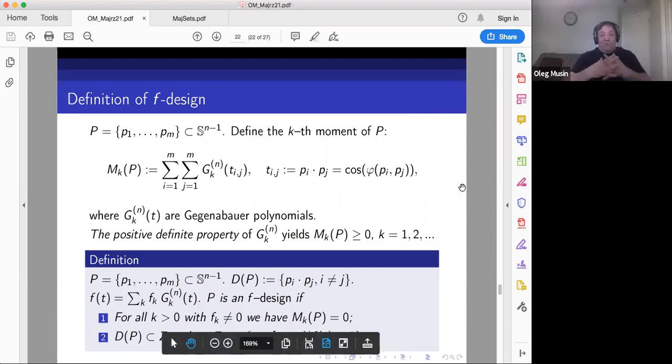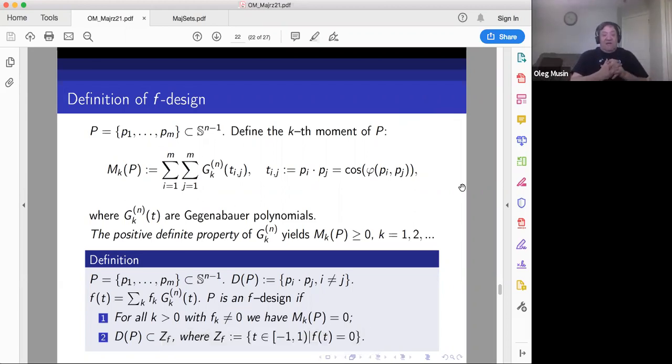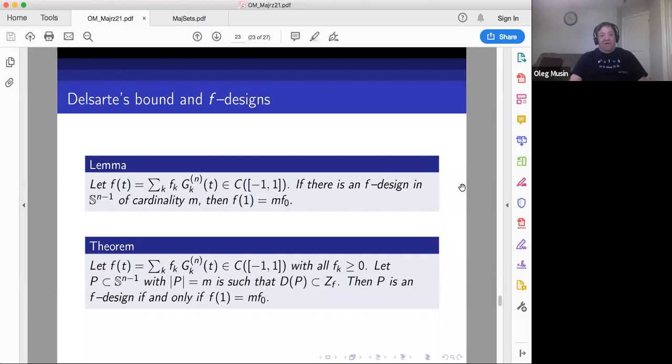Both properties are known, but when we put these two properties together, we obtain something in some sense optimal, a set of points. Let me briefly explain.